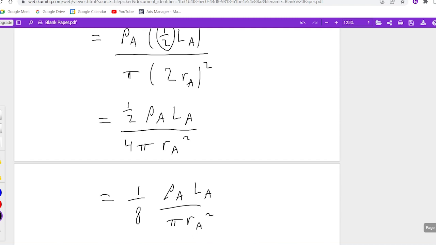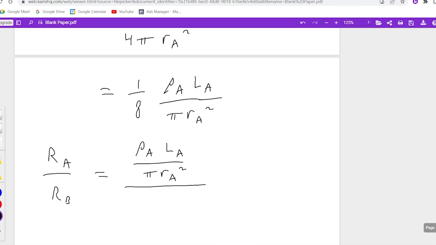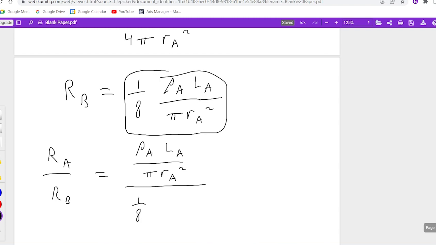And the reason why we did this is because the question was asking for the ratio of RA over RB. Look at what I've got going on here. For RA, it was rho A LA over pi RA squared. And for the denominator, it's what we just wrote right here because this was RB. So I'm dividing by 1/8 rho A LA over pi RA squared.